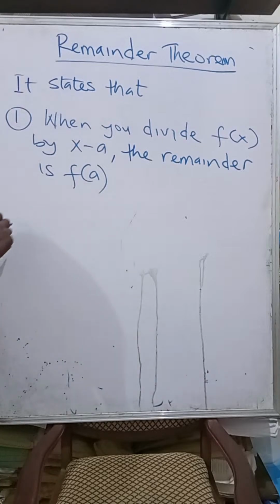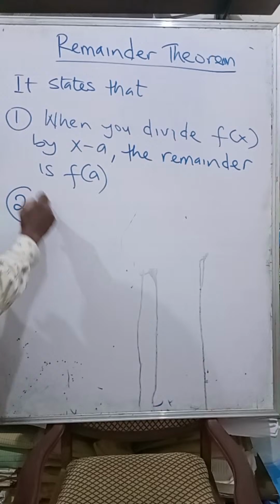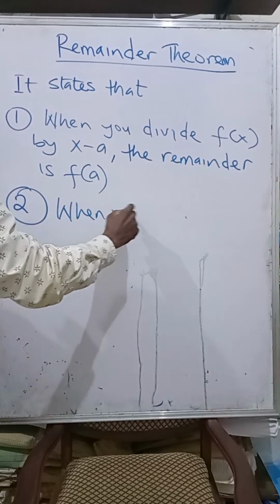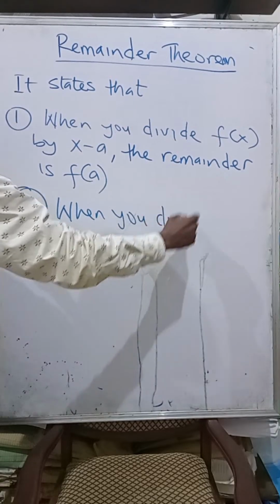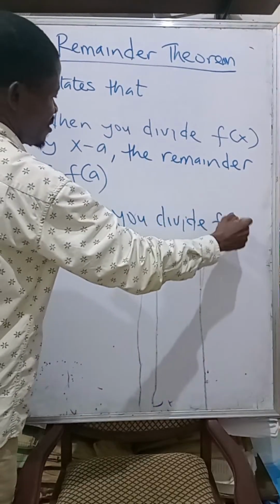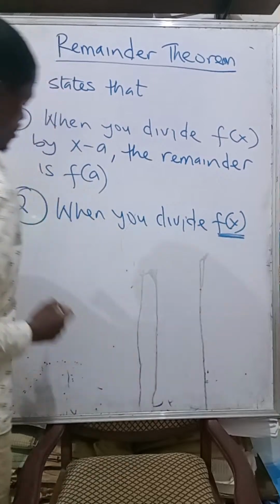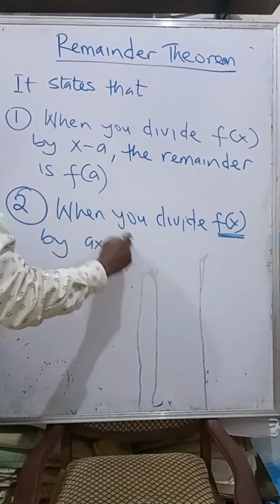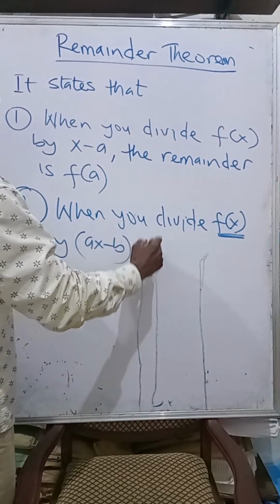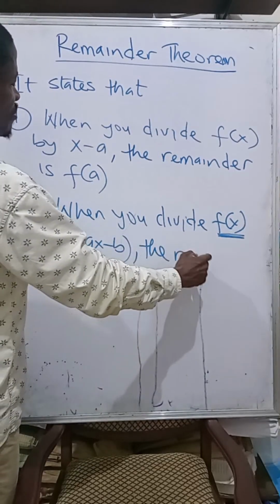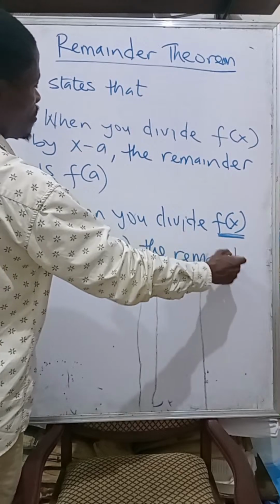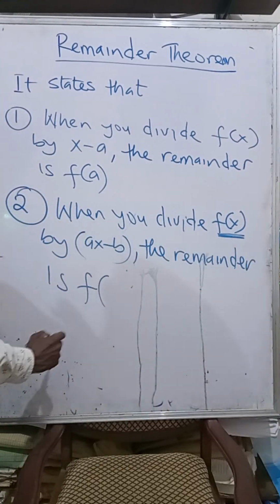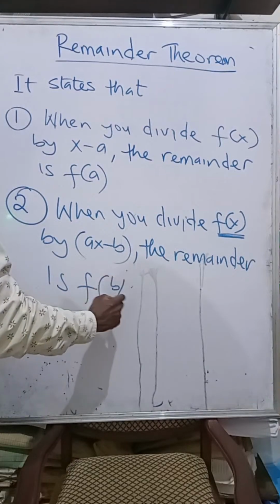Two, it's also saying that when you divide f of x, which is your polynomial, by ax minus b, the remainder is f of b over a.